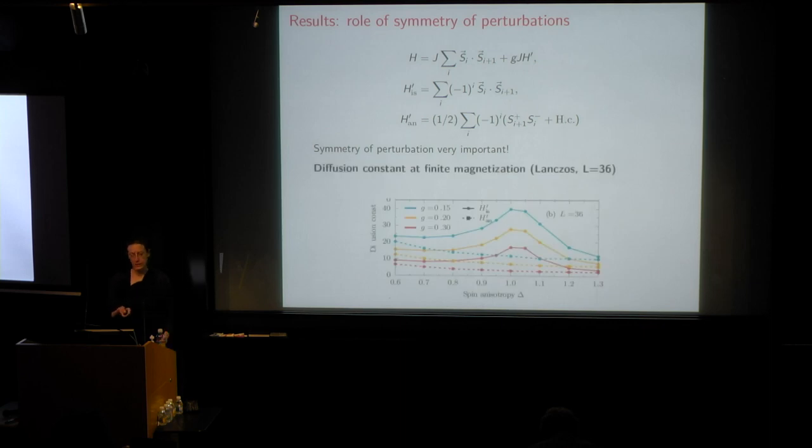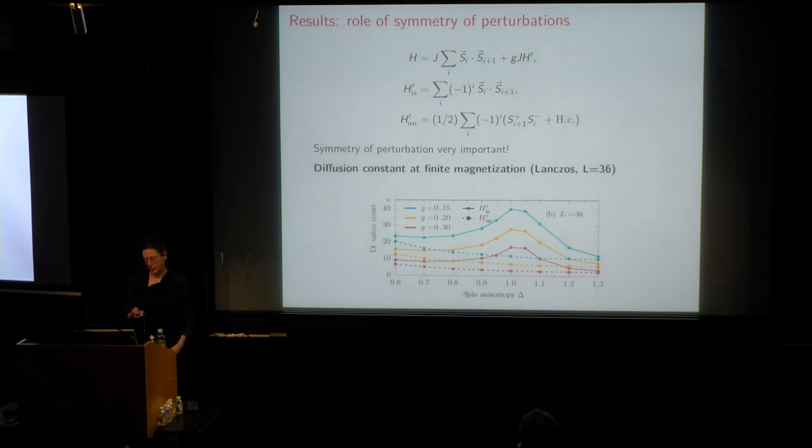Already from ED at finite magnetization, we saw peculiar high diffusion constants for the perturbations that preserved the SO2 symmetry, while as a function of anisotropy there was monotonous behavior of the diffusion constant for perturbations that broke the symmetry.